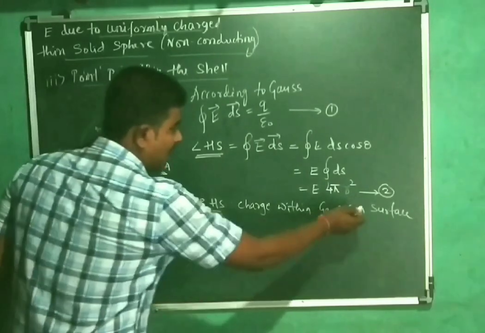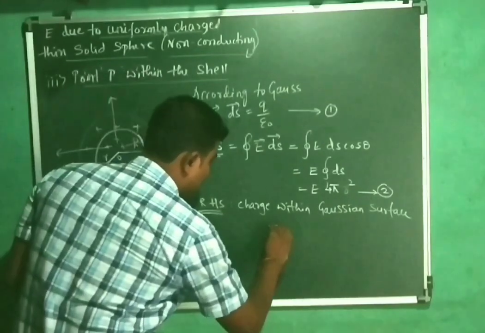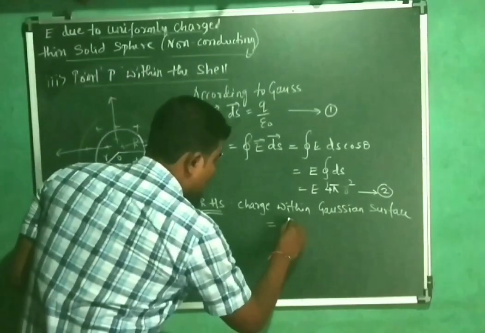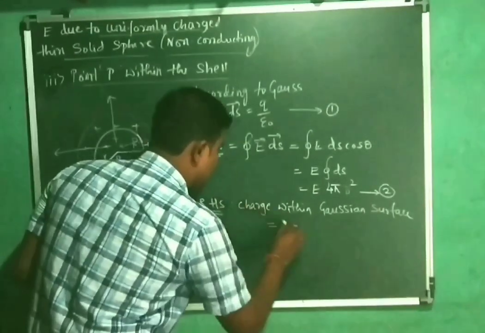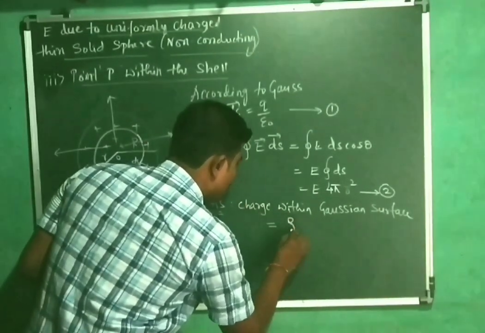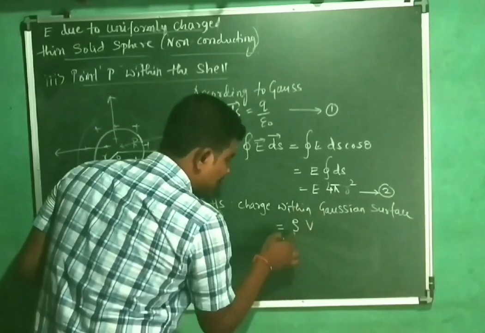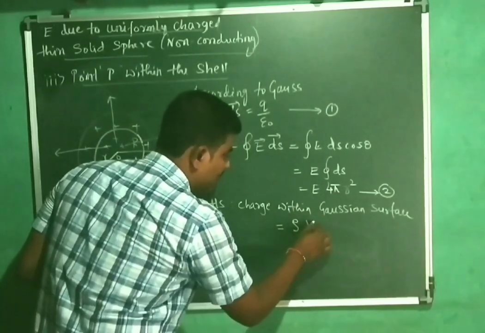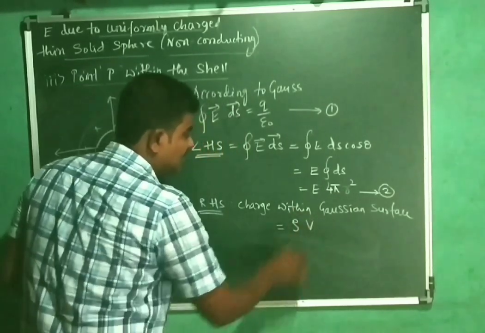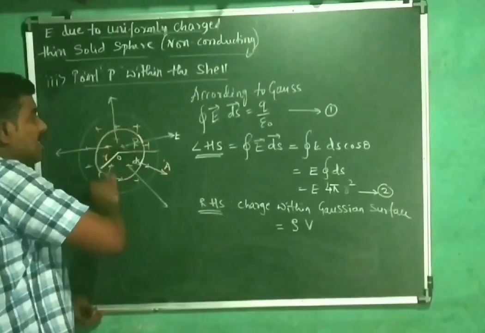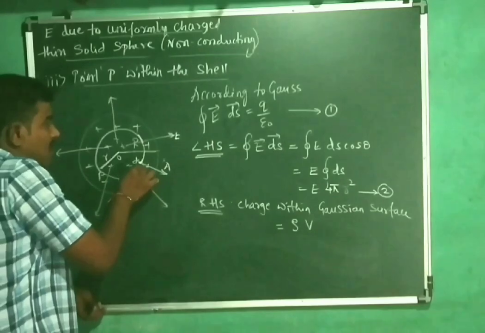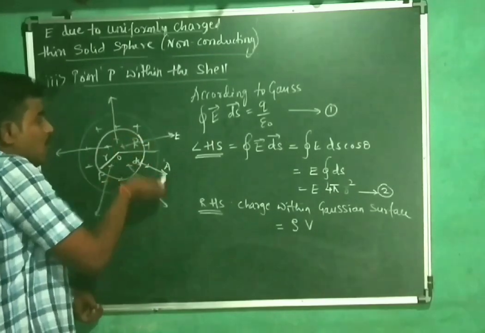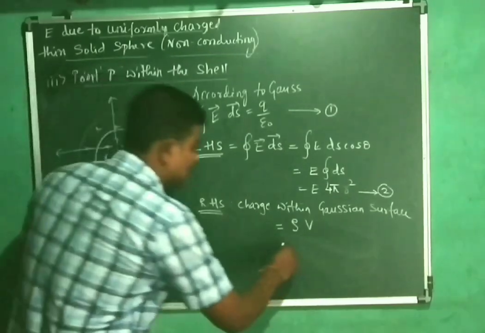The charge within the Gaussian surface, since it is three-dimensional, I have to write rho V. Rho is the volume charge density, and V is volume. These many charges are there in the total volume of the non-conducting shell, but I have considered only the Gaussian surface. Within the Gaussian surface, how many charges are there?